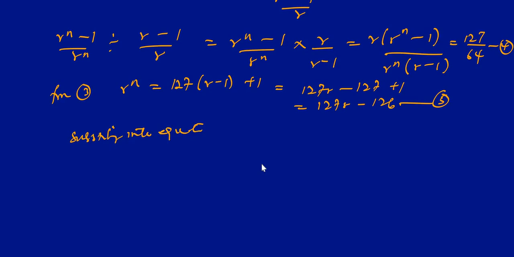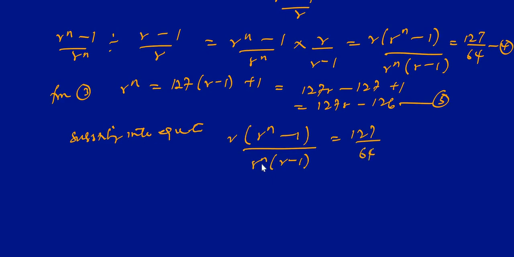What you are going to have is equation 4, which says R bracket R raised to the power of n minus 1 all over R raised to the power of n bracket R minus 1 is equal to 127 over 64.